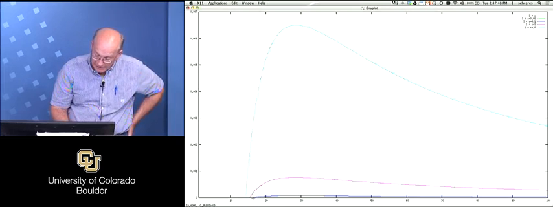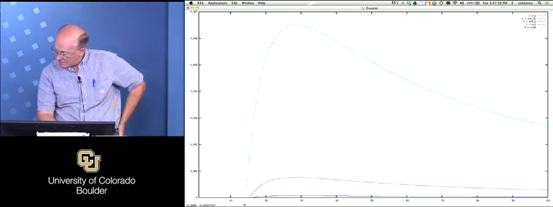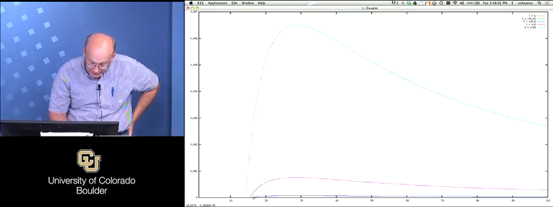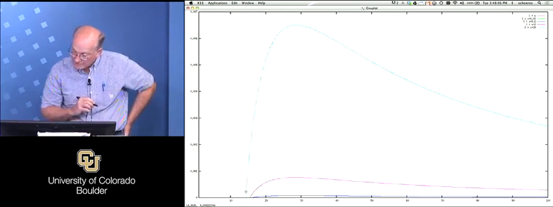Up here, this guy, where I'm just adding 0.1, is at seemingly 16. Yeah, I don't think I have good enough resolution in this. It should be around the 15 value.